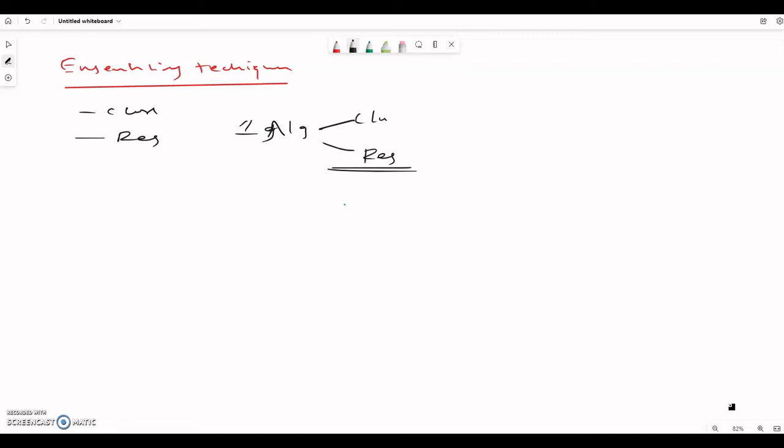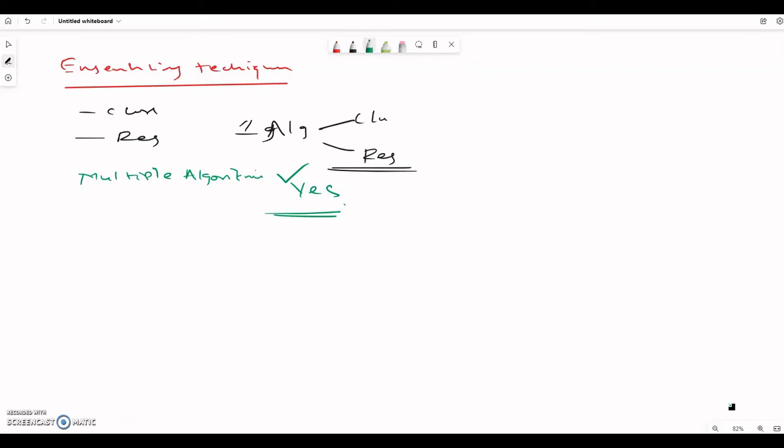Now here is the question: can we solve a problem by using multiple algorithms? The answer is yes. We can solve a problem with multiple algorithms.